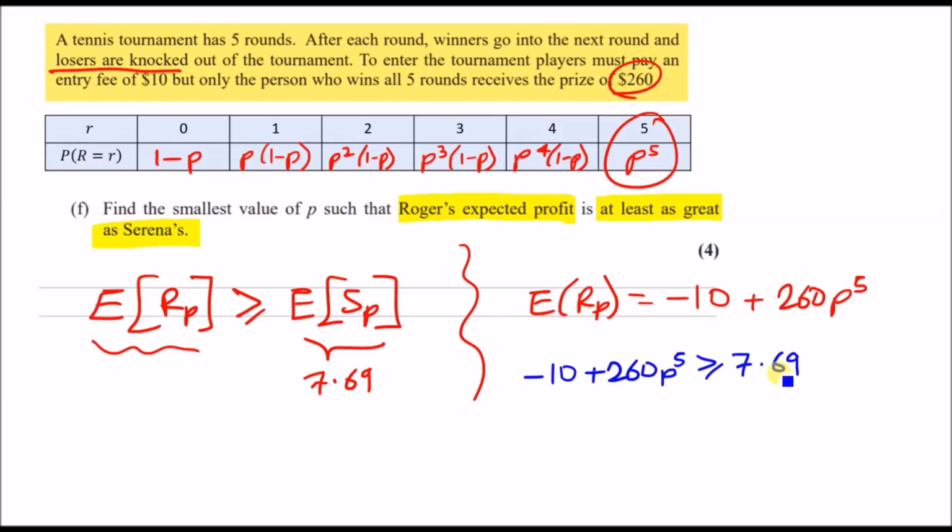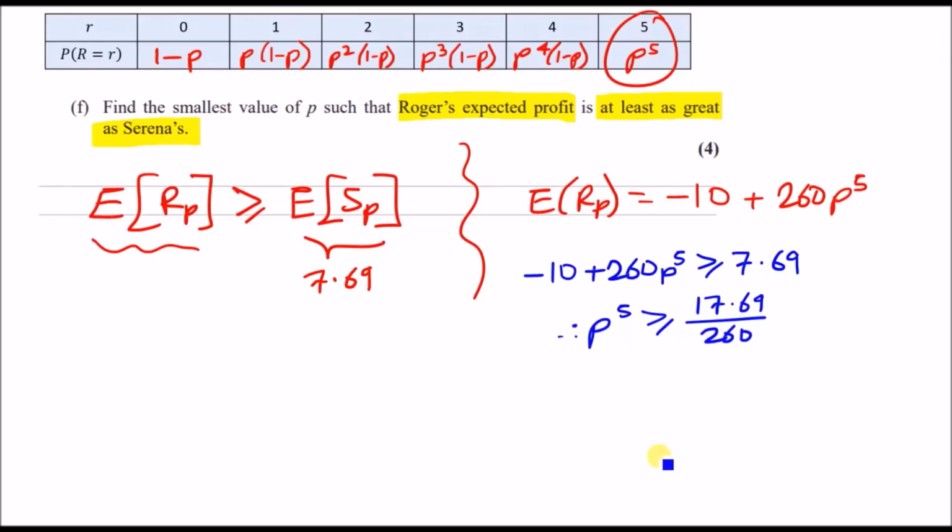So let's add 10 across and divide by 260. We're going to get p to the power of 5 greater than or equal to 17.69 over 260. And then taking the fifth root, p is going to be greater than or equal to the fifth root of this part here, and that's going to be roughly 0.58418.